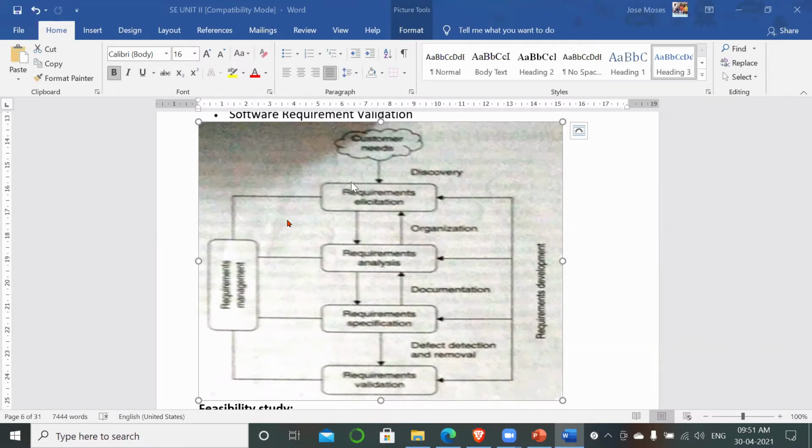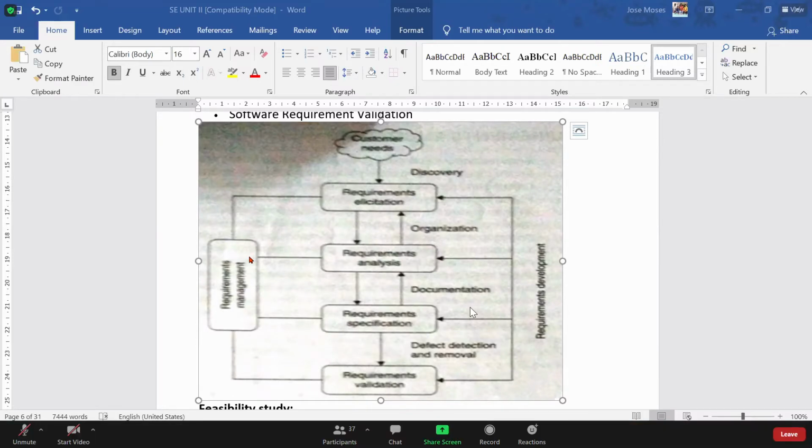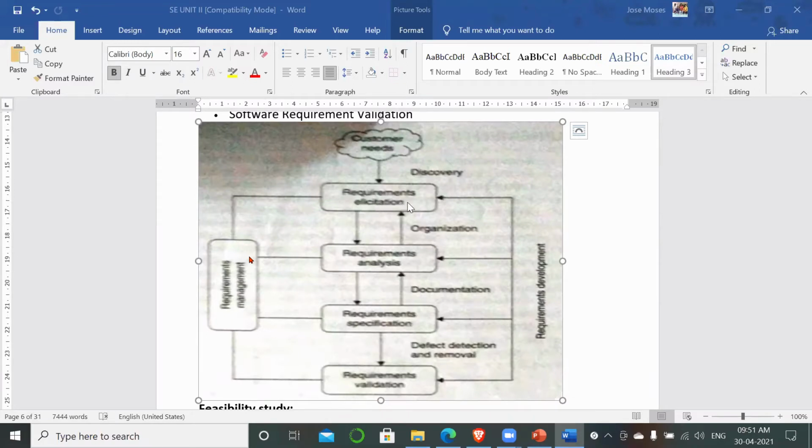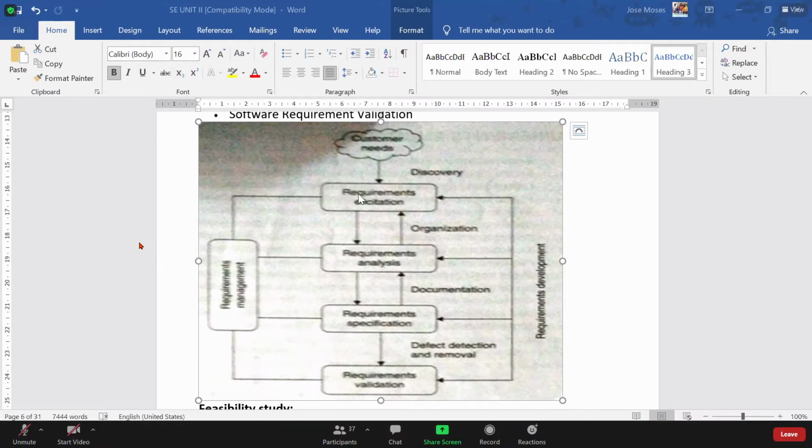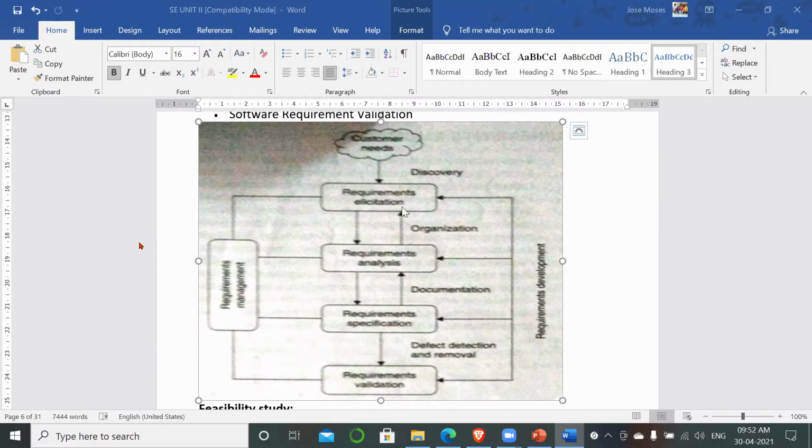We have learned what the requirements are, and now we are discussing how we are going to process those requirements: requirements elicitation, requirements analysis, requirements specification, requirements validation. If you observe these 4 blocks, the common concept is requirements. If you remove requirements and write the definition of the remaining part, that ends the matter: what elicitation is, analysis, specification, validation.